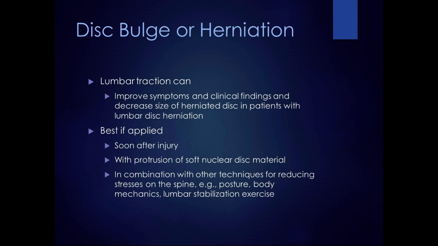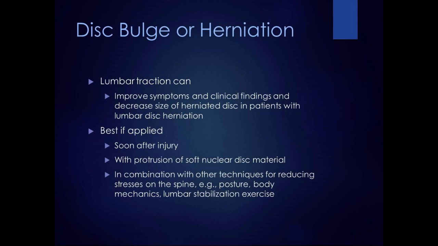So with disc bulge or herniation, lumbar traction can improve symptoms and clinical findings and decrease the size of the herniated disc in patients with lumbar disc herniation. It's best applied soon after injury when the protrusion is the soft nuclear disc material, because that's more likely to respond than anything else.